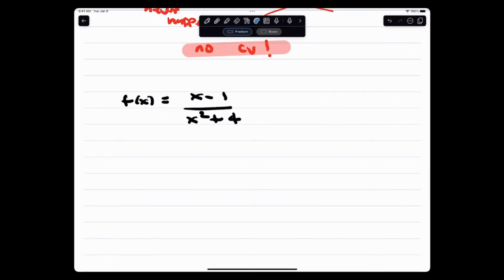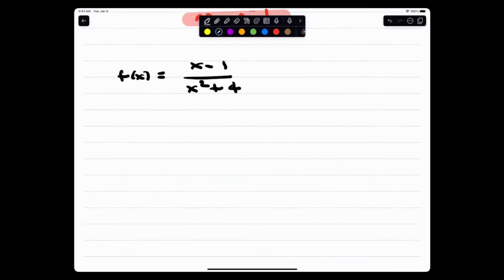What's in your domain? It's all real numbers. How do you guys know all real numbers are in the domain? Every real number will work. Could the denominator ever be 0? Nope. Your concern here for any rational function is the denominator.